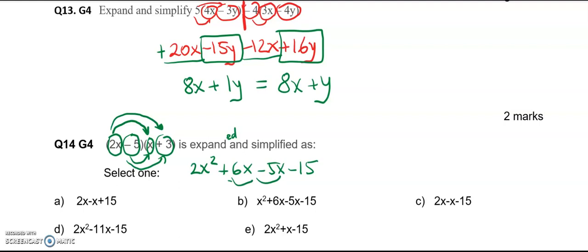So plus 6x minus 5x is the same as plus 6 minus 5, which leaves us with one lot of x. So I can rewrite this as 2x squared plus x minus 15. And that seems to be option E.